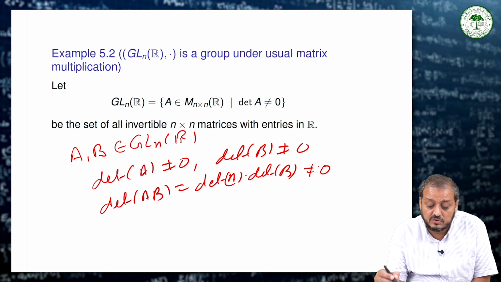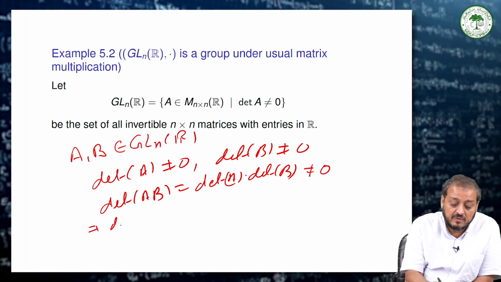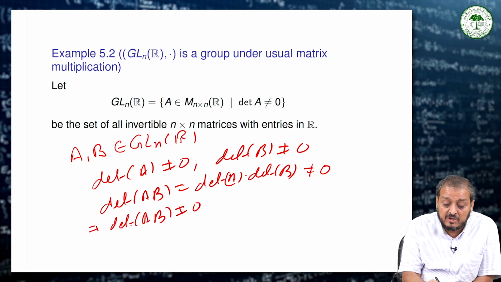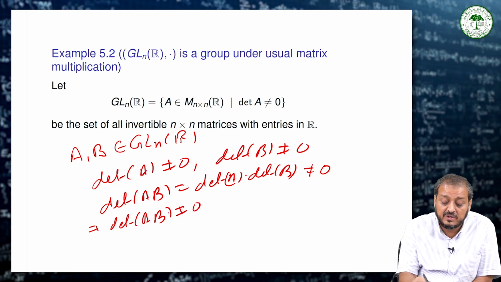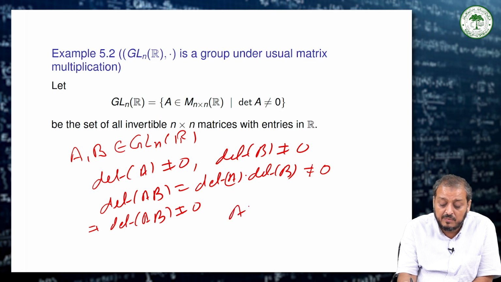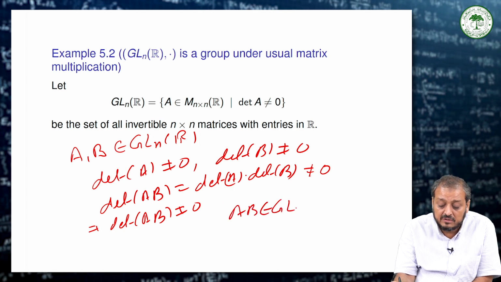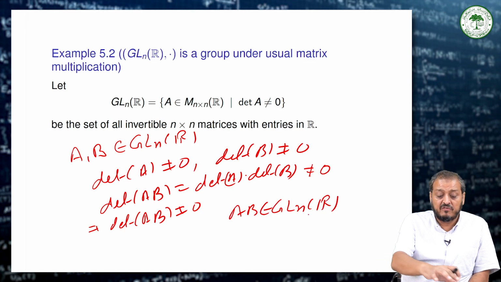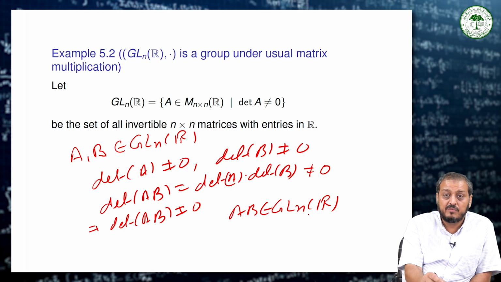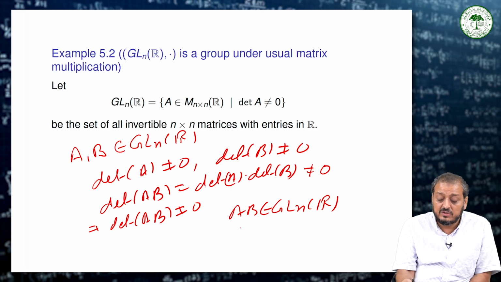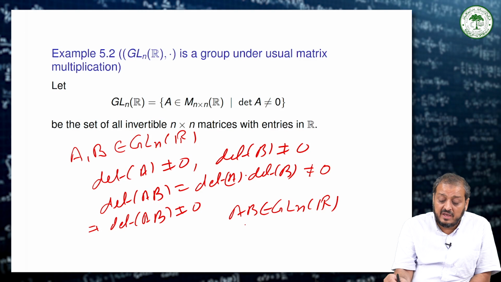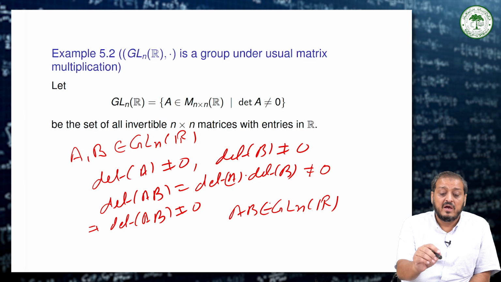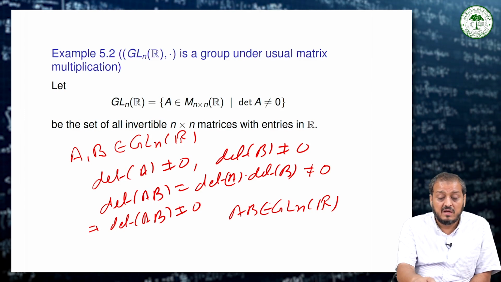If the determinant of AB is not equal to 0, that means AB is an element of GL(n, R). So if we take arbitrary elements A and B of GL(n, R), then AB again satisfies the condition for GL(n, R), which means this set is closed under matrix multiplication.